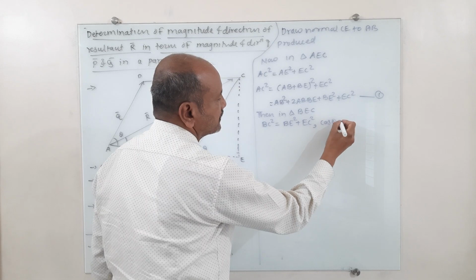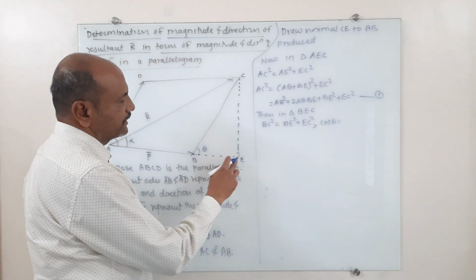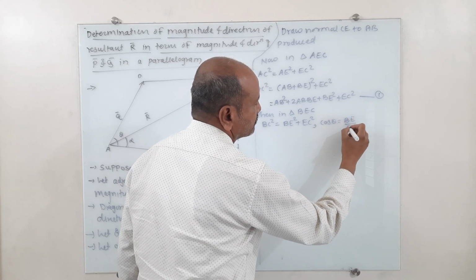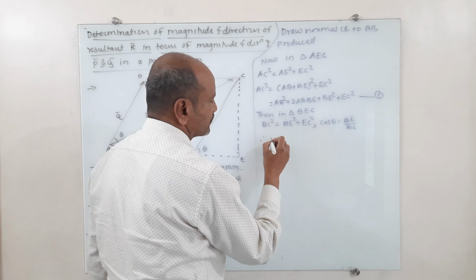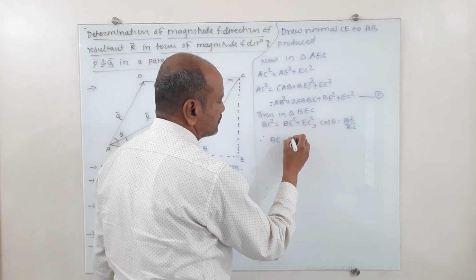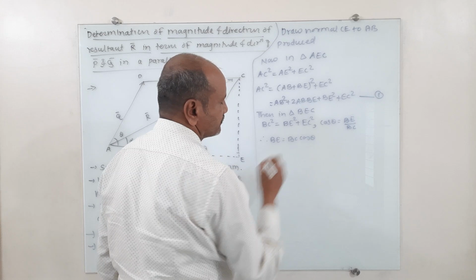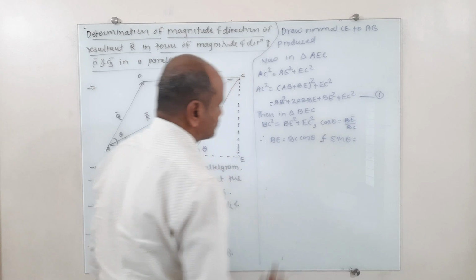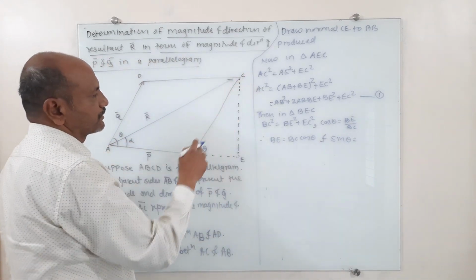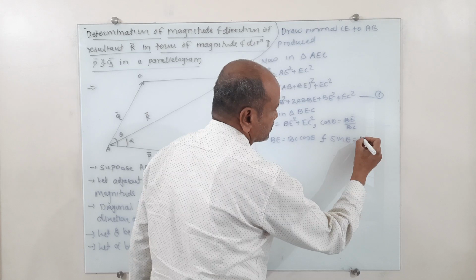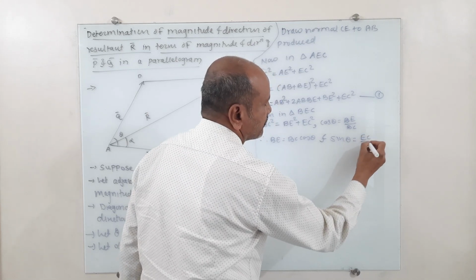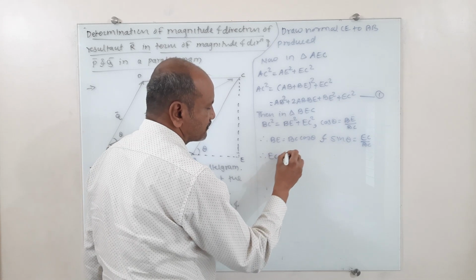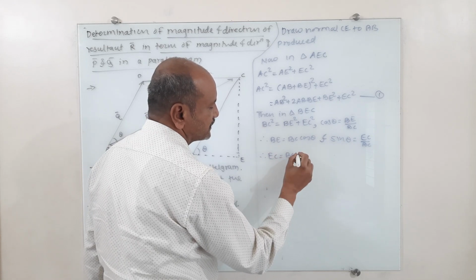Cos theta is equal to BE upon BC, and therefore BE is equal to BC cos theta. And sin theta is equal to EC upon BC. Therefore, EC is equal to BC sin theta.